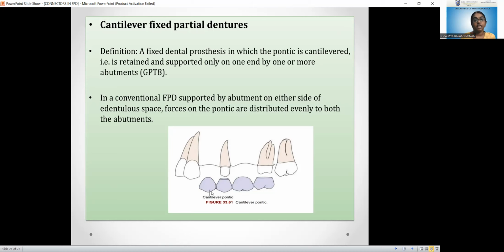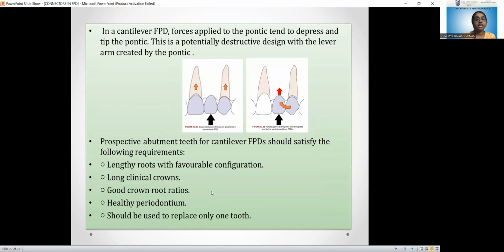In a conventional FPD supported by abutments on either side of the denture space, forces on the pontic are distributed evenly to both abutments. But in the case of a cantilever FPD, forces applied to the pontic can depress and tip the pontic.